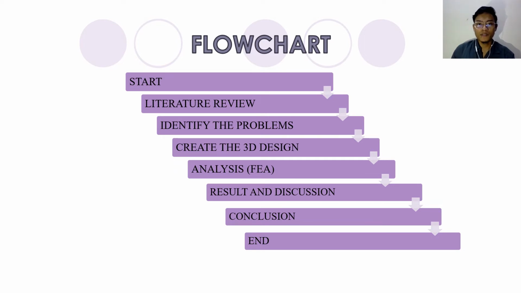Next, I identify the problem. To create the objective, I need to have the problem and find the solution. After that, I brainstorm on the project to create the design of the hook. Furthermore, I make an analysis through the SolidWorks software to know about the strength of the project. Then finally, result and discussion can be generated after the analysis has been done. Lastly, the conclusion for the entire project can be done.